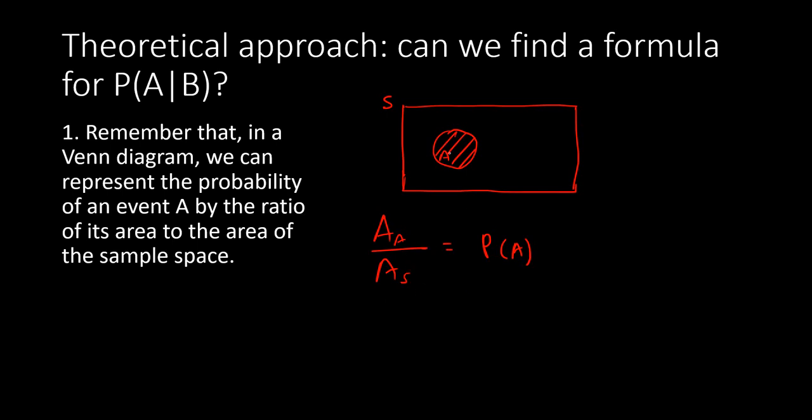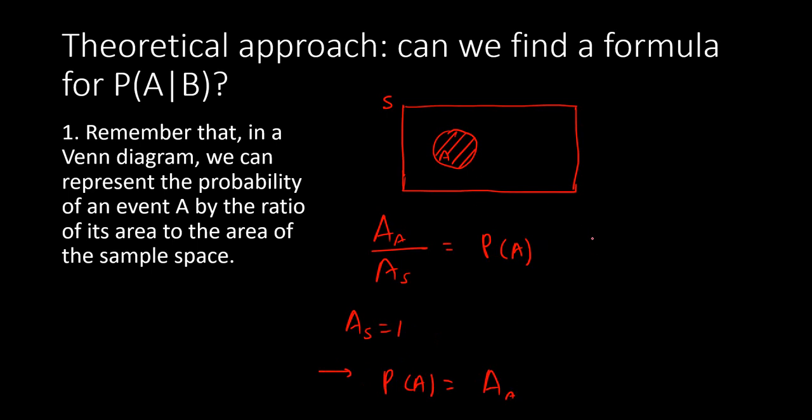It's just the area of this event, of this circle in this case, relative to the area of the sample space. That's what the probability of A means. And if I consider the area of the sample space as 1, then the probability of A is equal to the area of this circle A.